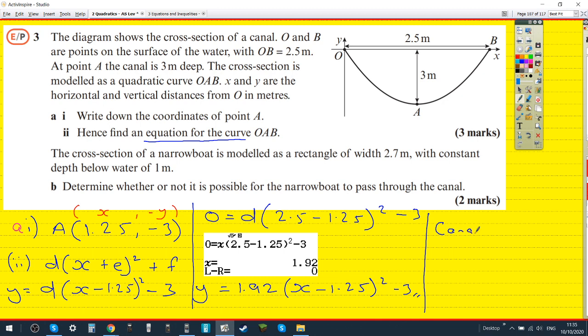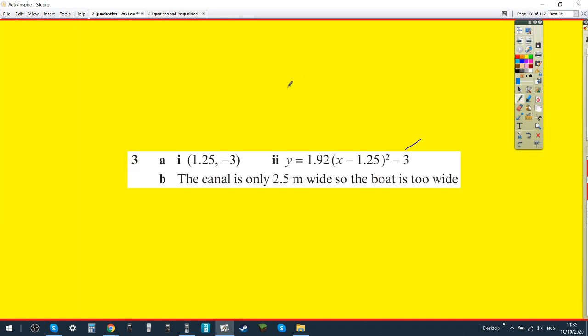So I don't think a boat will be able to cross through there. Only 2.5 meters wide. And only 3 meters deep. So no. Yeah. It's like 0.2 meters too big or something. The boat is 0.2 meters too wide. The canal size is 2.5 wide, so the boat is too wide.